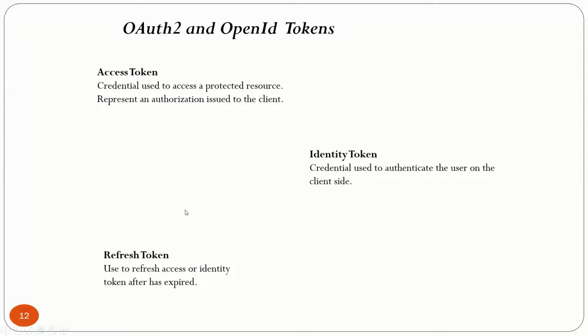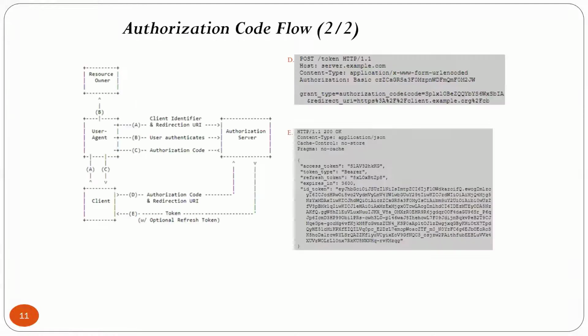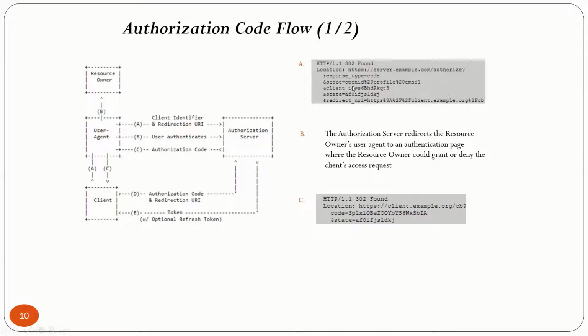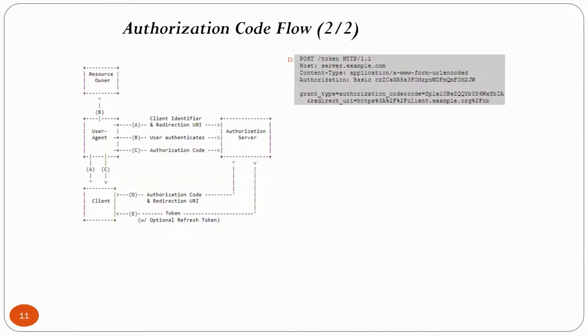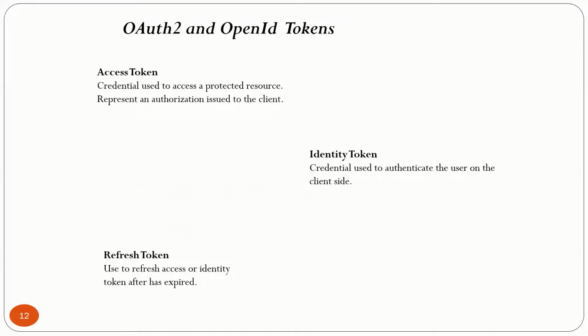Now, if we go back for a bit, to this authorization request here, okay? If in the scope we are adding another special one that is called offline access, okay? This means that we are requesting a particular token that is exactly the refresh token. But what is the refresh token? The refresh token is used to refresh the access or identity token after they are expired.